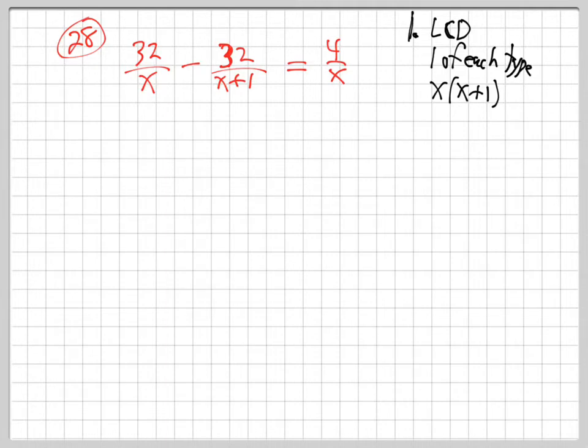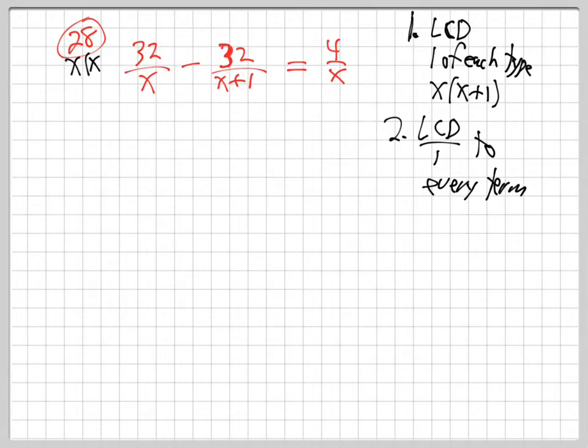So one of each type. And you multiply LCD over 1 to every term. Remember that? So I'm going to go x plus 1 over 1 to the left, x plus 1 over 1 to the middle, x plus 1 over 1 to the right. Left, middle, right, LCD over 1.